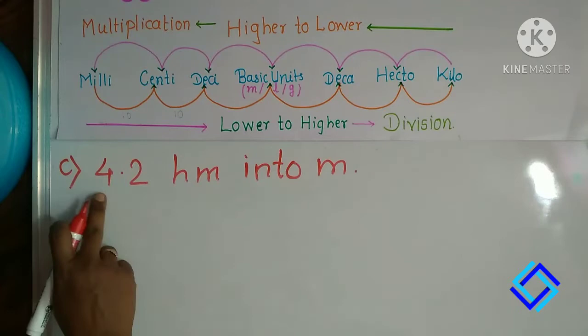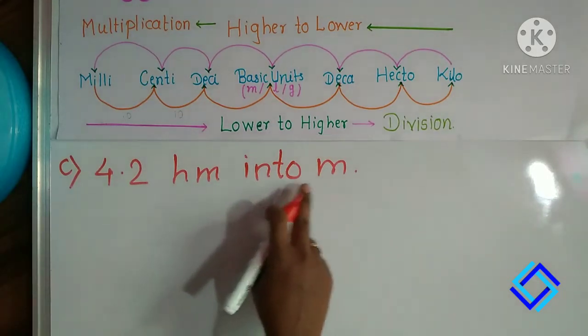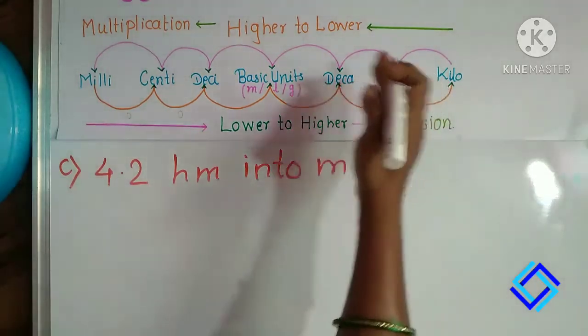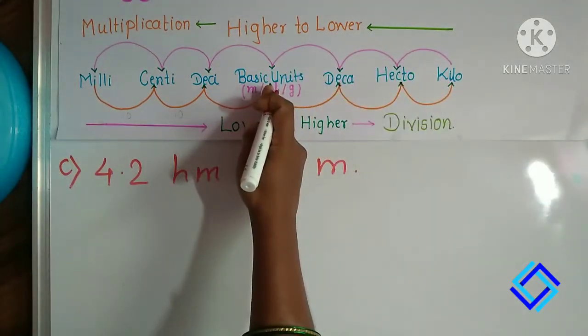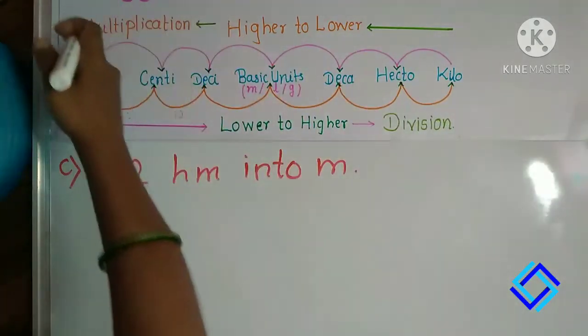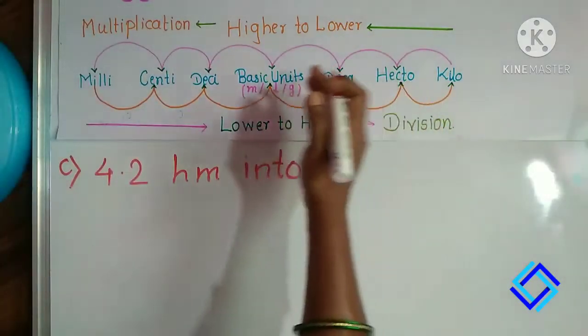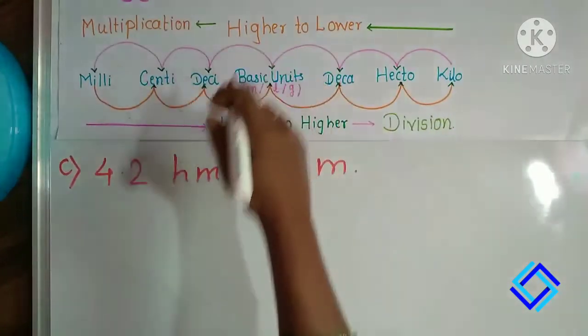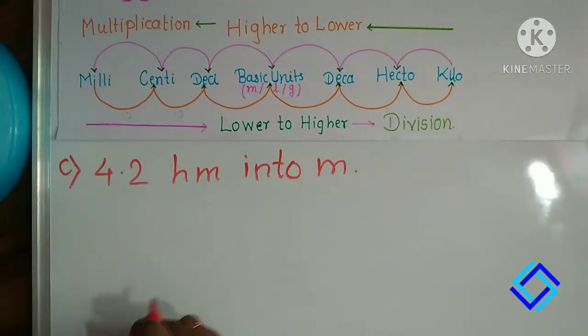Next example, 4.2 hectometer into meter. We have to convert from hectometer into meter. So we have to convert higher unit to lower unit. So we have to multiply. Hectometer to meter, there are 1 and 2 steps. So we have to multiply by 100.